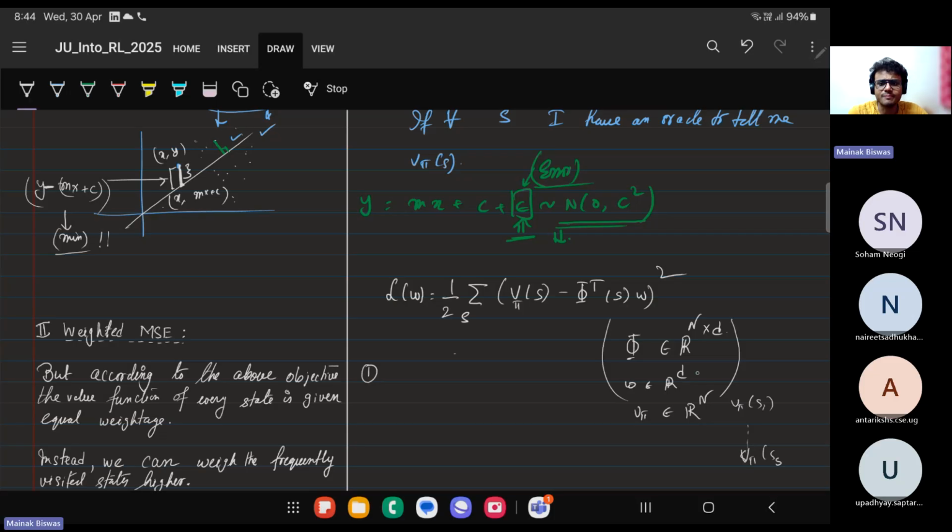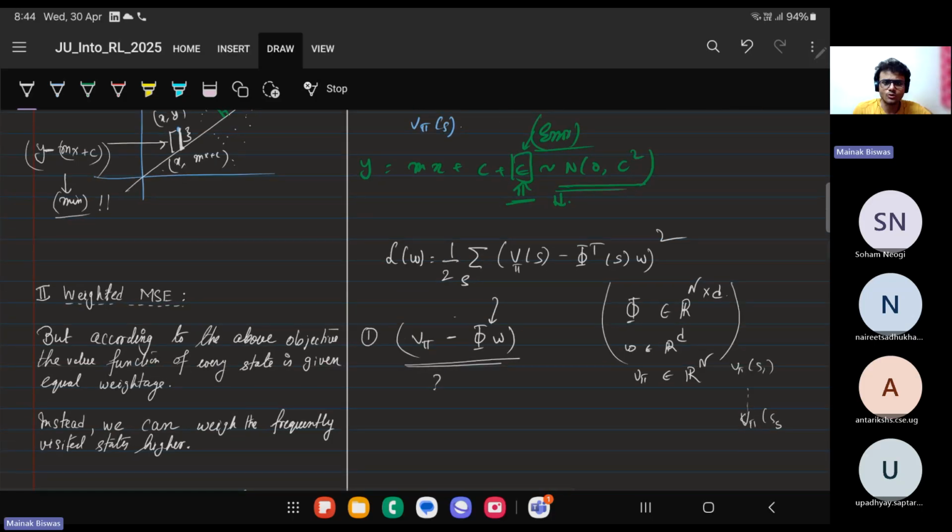Now tell me, how do I do this? First, can I write this as a vector equation? V pi minus phi W. What would this give me?